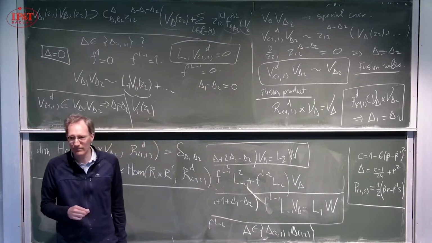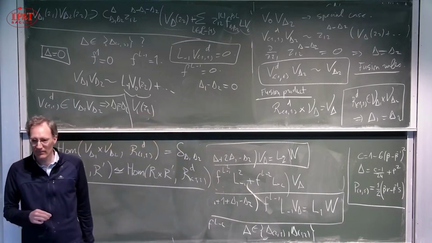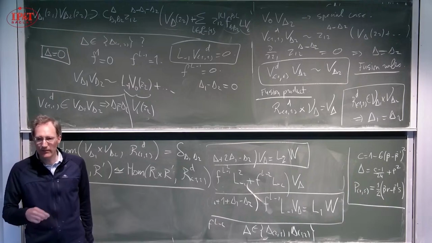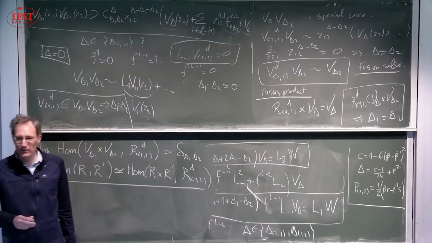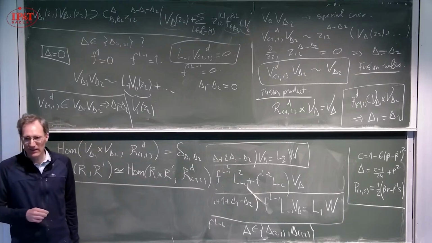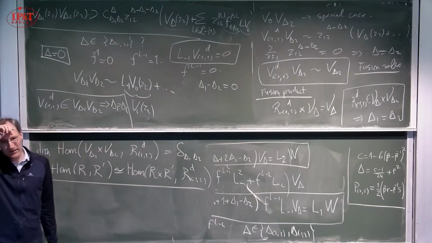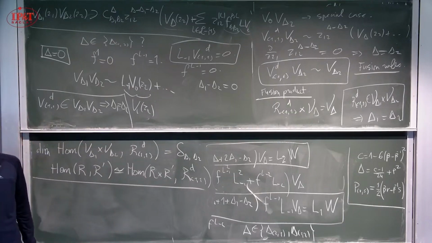Nothing prevents delta 1, delta 2 to be infinite. Yeah, right. So in principle, the product of two representations can give you an infinite sum of representations. Although I guess in most algebraic frameworks, you want to forbid that and focus on the rational theories where you have only finite sums.